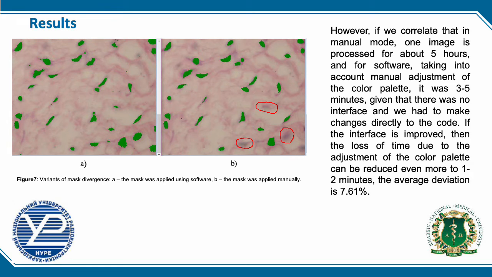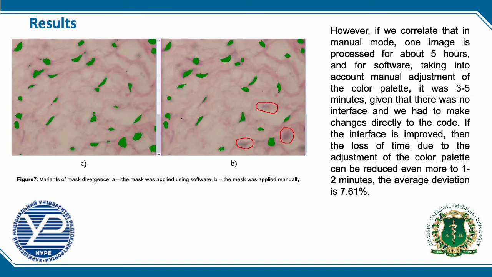However, if we note that in manual mode one image is processed for about 5 hours, and for software, taking into account manual adjustment of the color palette, it was 3-5 minutes. Given that there was no interface and we had to make changes directly in the code, if the interface is improved, then the loss of time due to the adjustment of the color palette can be reduced even to 1 or 2 minutes. The average deviation is 7.61%.